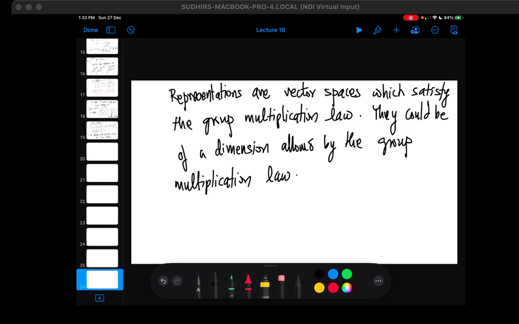There are several methods. One of the best methods which we use for unitary groups is essentially the angular momentum algebra.